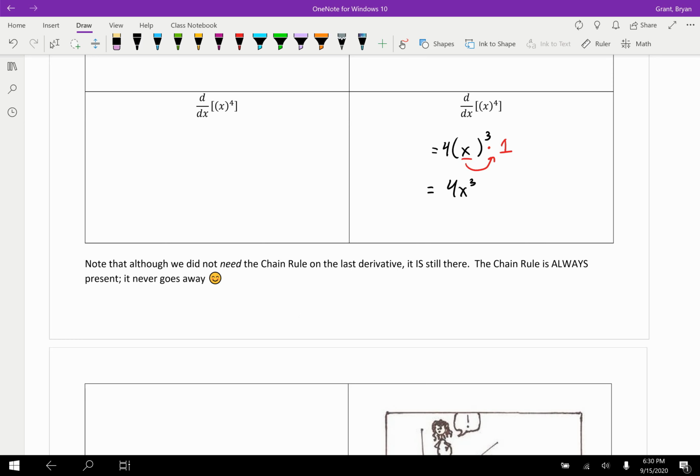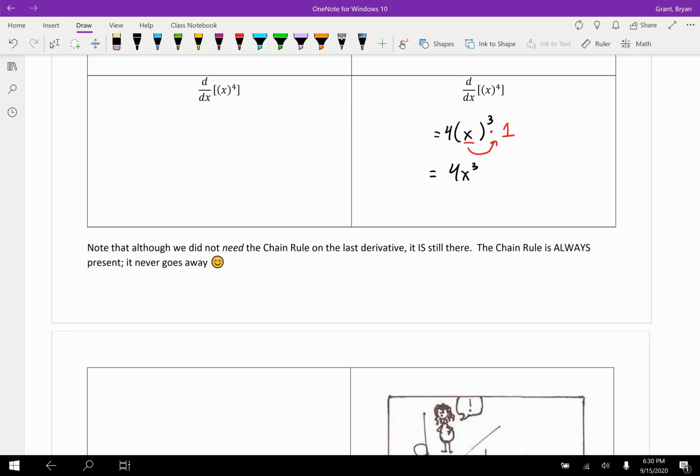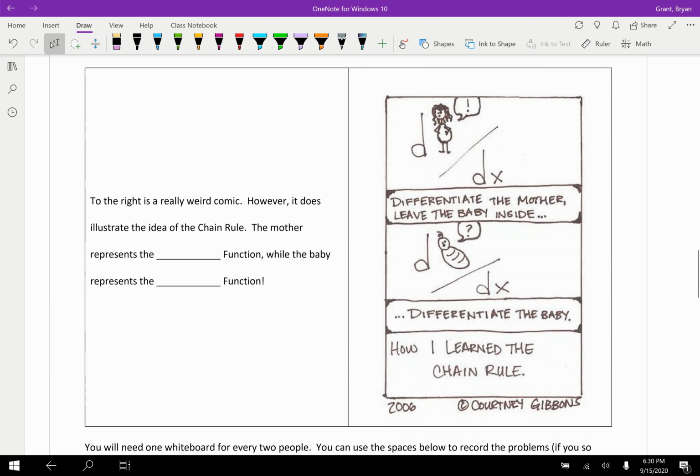But that brings me to one of the weirder comics I've ever found about calculus, but it always entertains me, so I include it. And we can, of course, cite our source down here. It came out in 2006. So to the right is a really weird comic, but it does illustrate the idea of the chain rule. Differentiate the mother, so this is the mother up here, d mother dx. How do you differentiate the mother?